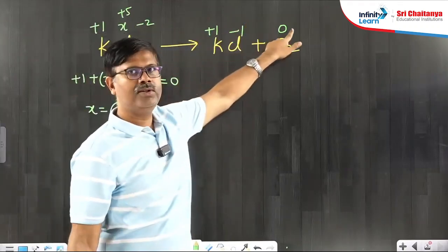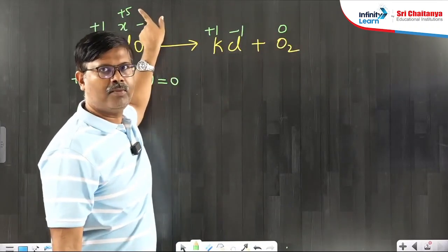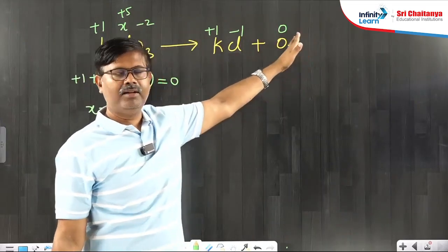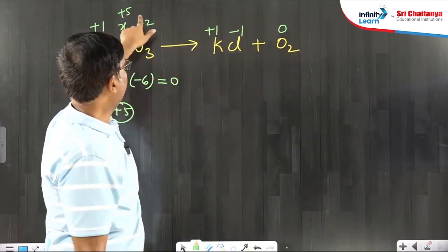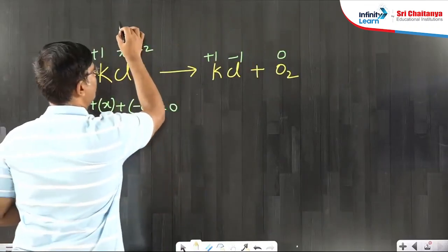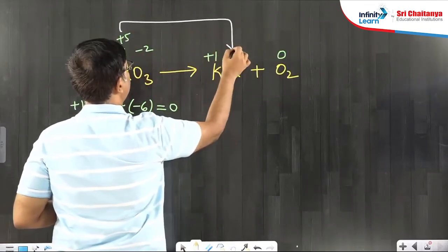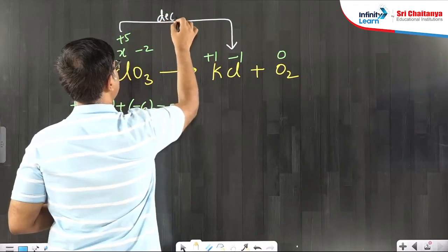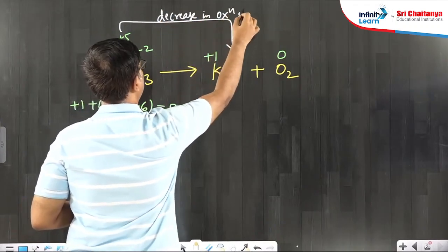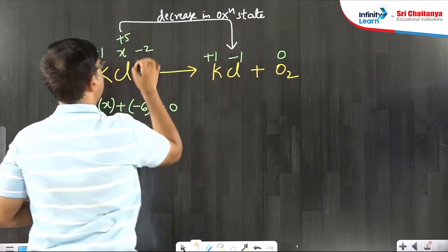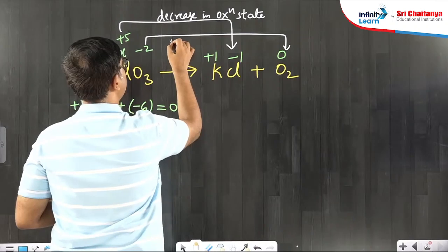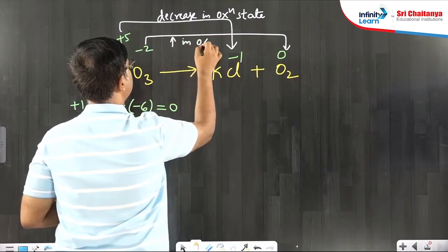-2, 0. 0 is bigger number, -2 is smaller number. So, -2 to 0 is increasing, whereas +5 to -1 is decreasing. See, +5 to -1 is decrease in oxidation state, whereas -2 to 0 is increase in oxidation state.